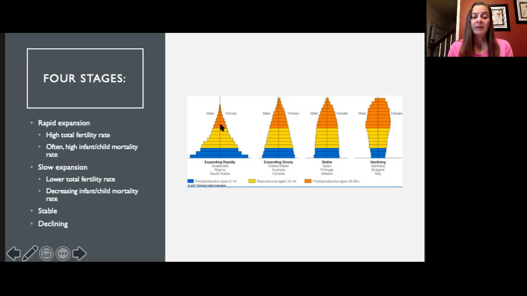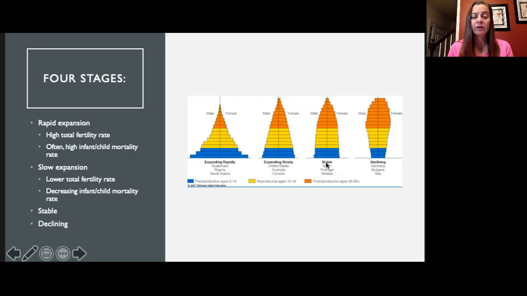So rapidly expanding, this tends to be developing nations. The examples we have here are Guatemala, Nigeria, Saudi Arabia. Countries that are expanding slowly tend to be industrialized or developed nations. So that would be countries like the US, Australia, and Canada.